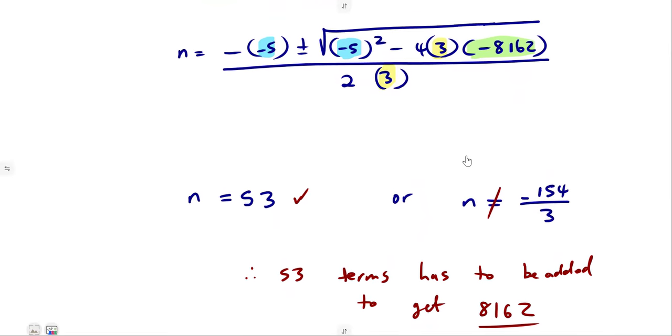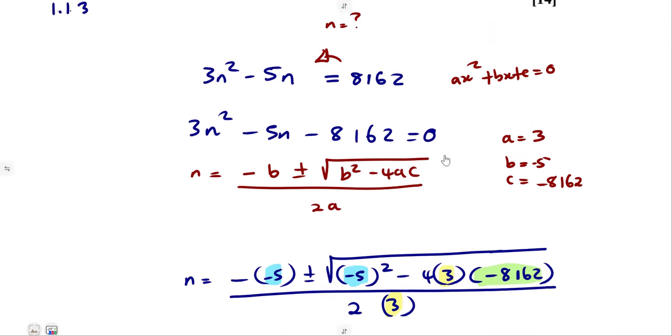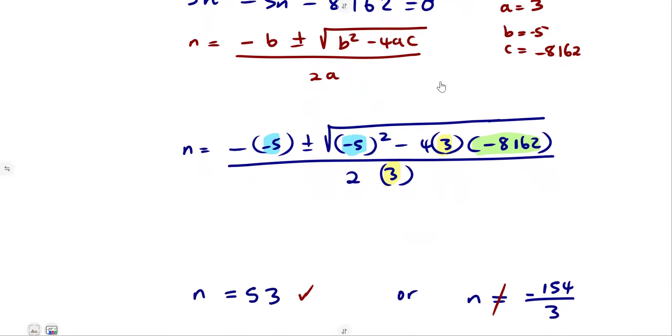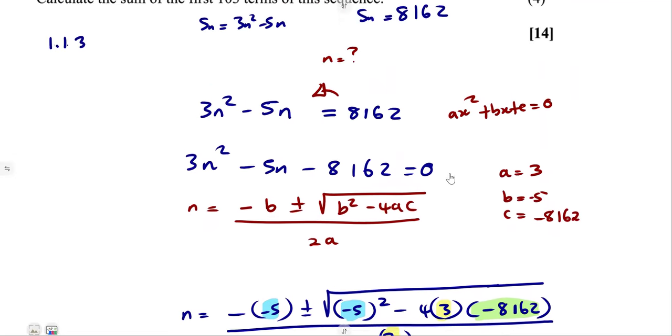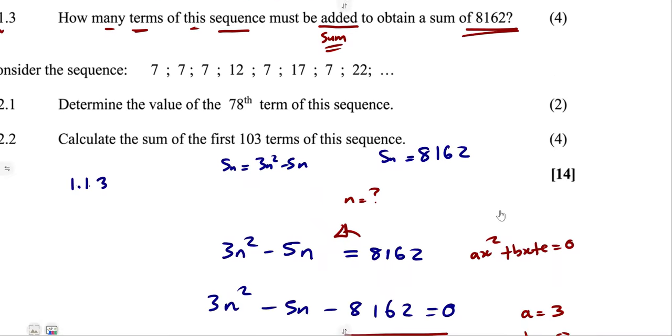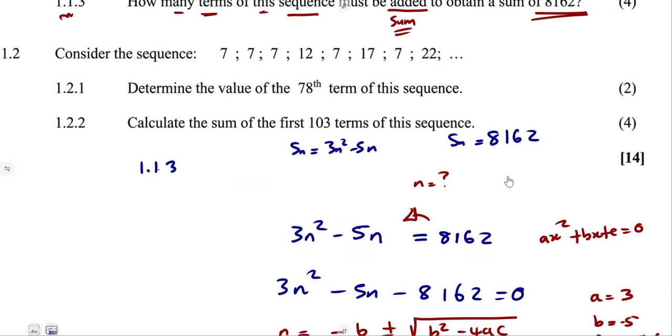Those are the terms, 53 of them. You add them. That is how you can simply answer these questions. Let's revise as many questions as we can.